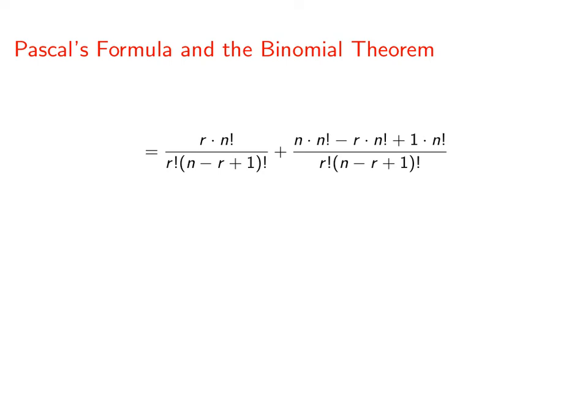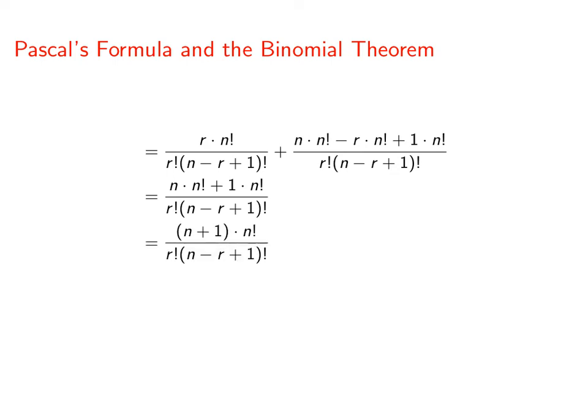Now let's put things together into a single fraction. The numerator has an n times n factorial plus 1 times n factorial. Let's combine that by factoring out the n factorial. So the new numerator is n plus 1 times n factorial. That, of course, is just n plus 1 factorial.